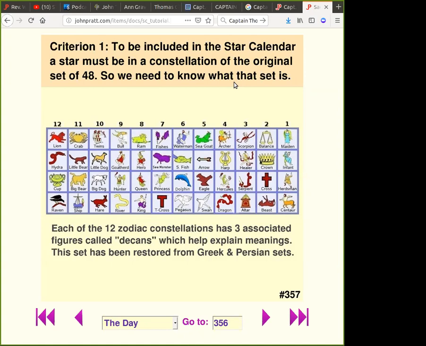So it turns out the Greeks, the Persians, and the Babylonians are the three main ancient groups. Each had what they said was a set of constellations. They all had 48. They seemed to know that the number 48 was important. And they all had basically the same 12 in the zodiac.